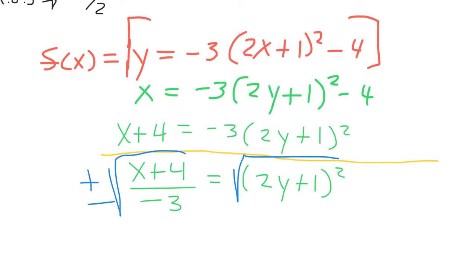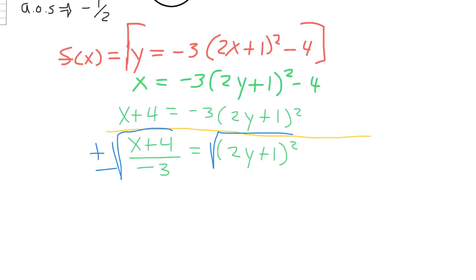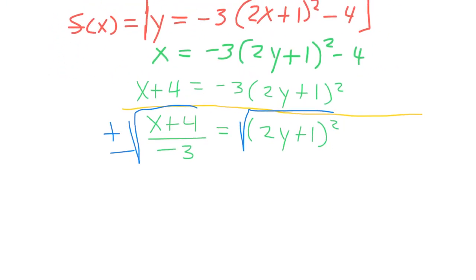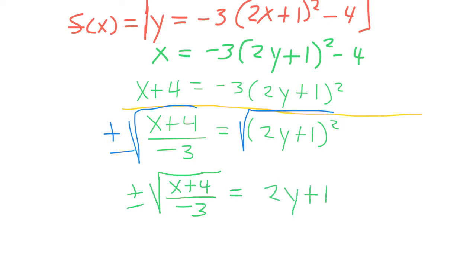But nonetheless, as a result of doing that, we end up with plus minus radical (x plus 4) all over negative 3 equals, this just becomes 2y plus 1.